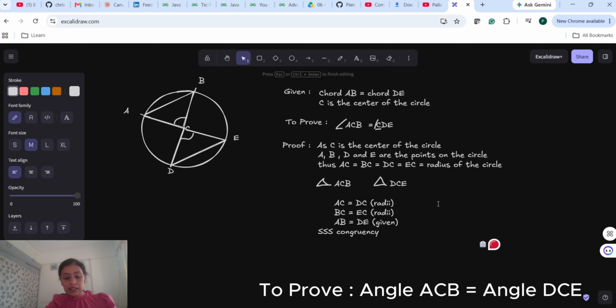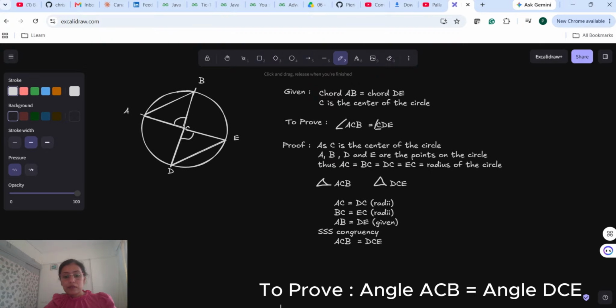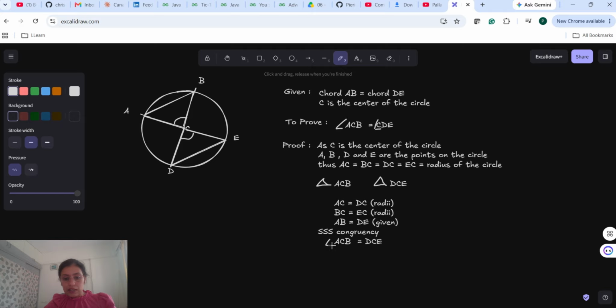So this means that my triangle ACB is congruent to triangle DCE. So when we write this is my triangle ACB, and this is my triangle, wait, let me do something.